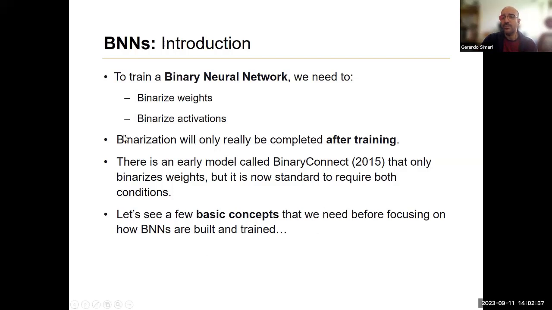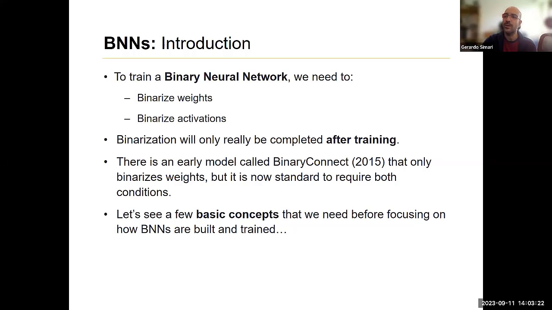The important thing to know, that sounds like it's impossible, but the full binarization will only really be completed after training. So what I'm going to focus on in this lecture is called quantization aware training, where once you're done, then you can drop your full precision values and keep the binary ones.